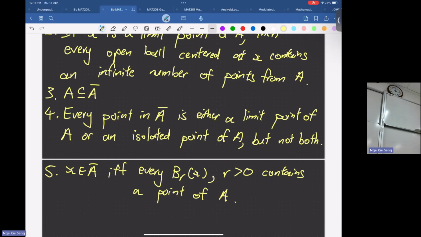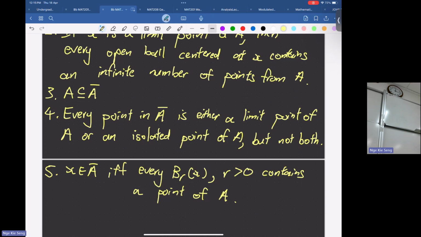How about if you are an isolated point? Is this statement satisfied or not? Why? x itself is a point in A. Yes, x itself is a point in A. How about the other direction?